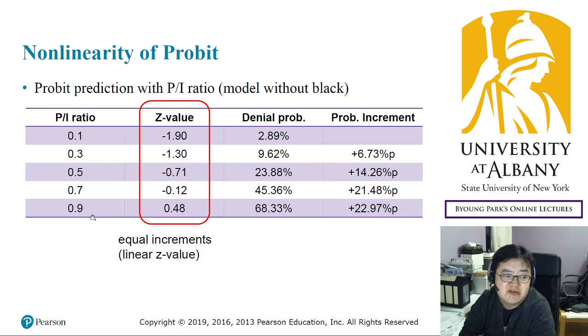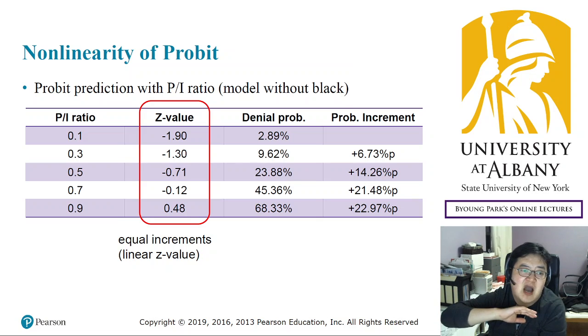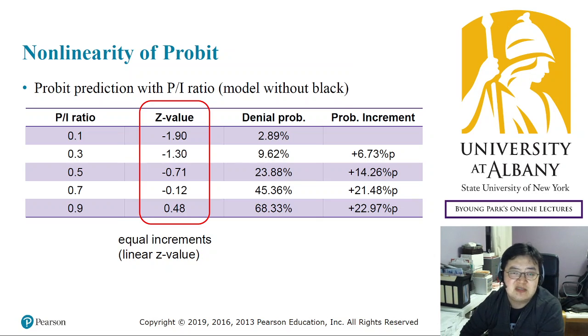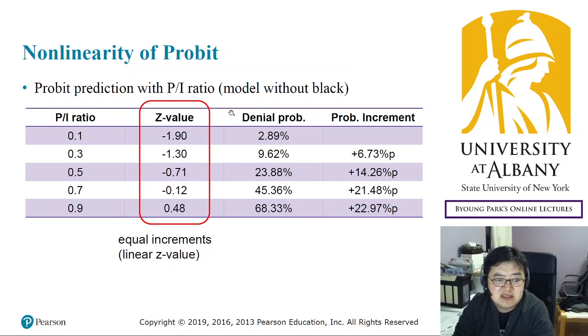The z-value is a linear function of the PI ratio. That's the definition of a linear function: when x increases 1 unit, the outcome z-value always increases by the same amount, as much as the slope. So that's linearity. However, from this to this, calculating the standard normal distribution probability is not linear. That's the problem. The nonlinearity arises at this step.